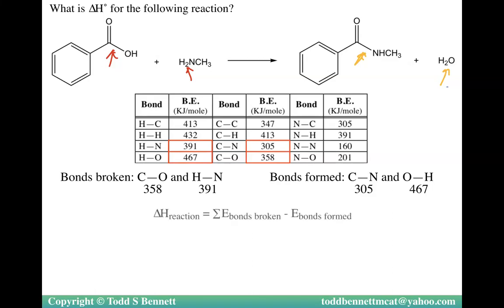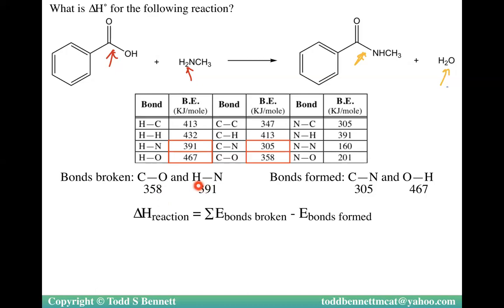So bonds broken minus bonds formed. These two numbers combine to make 749. And then these combine to make 772. So broken minus formed.